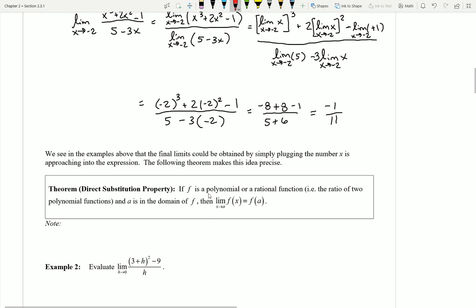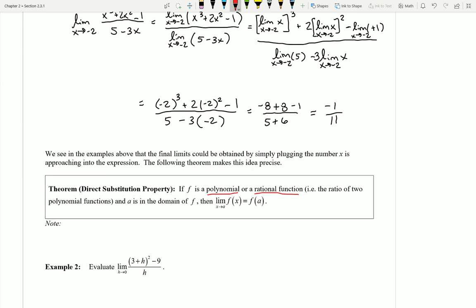If f of x is a polynomial or a rational function, that is the division of two polynomials, and if a, the thing I'm approaching, is in the domain of f, that is I can plug it in, I can get a result back, then instead of using all the limit laws, I can actually just imagine plugging the a in for my value of x, like we saw up above.